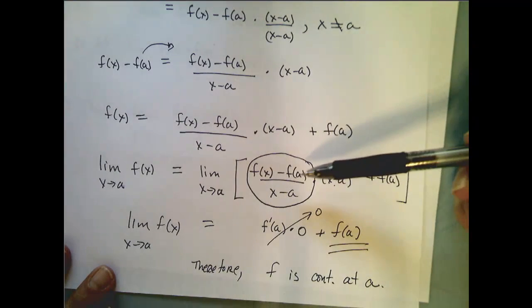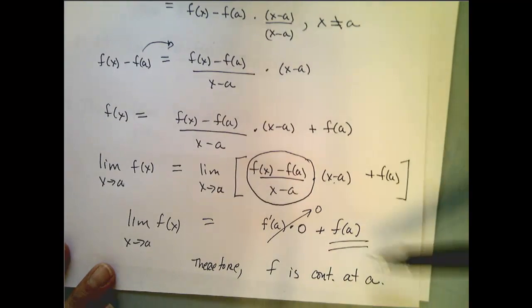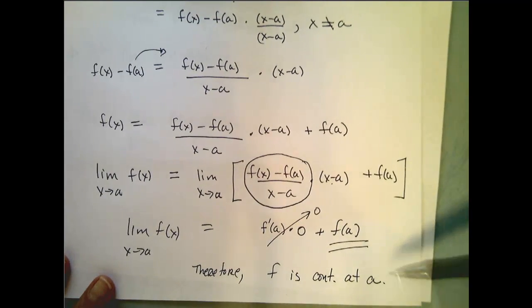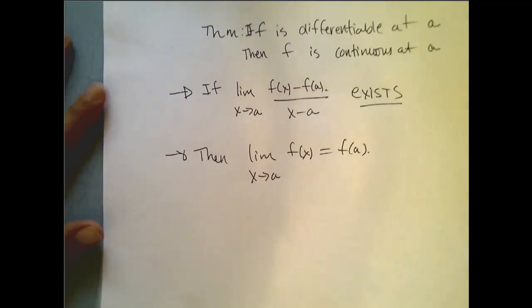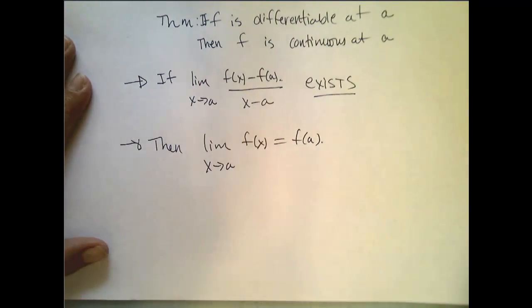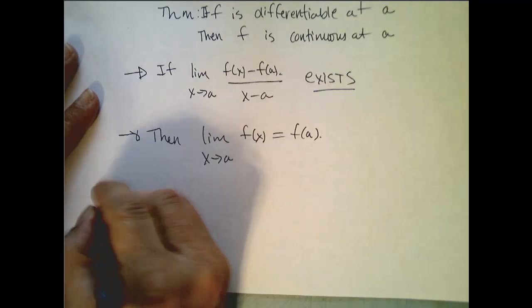So if we start with the premise that f is differentiable at a, we get that f is continuous at a. That's going to be useful. Now, here is what our theorem does not say. Let's write what it does not say.